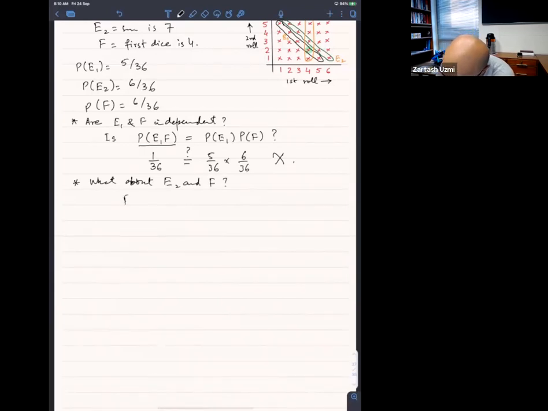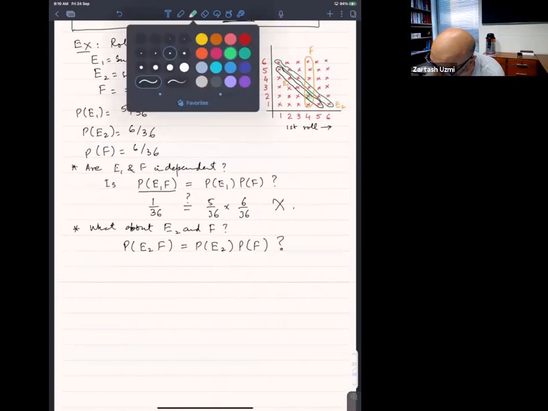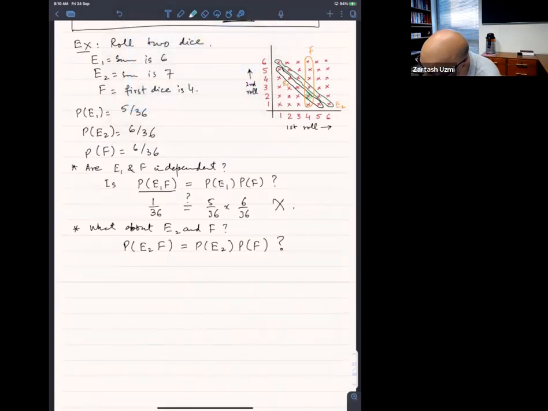So once again, ask the question, probability of E2F is equal to probability of E2 into probability of F. Is this true? So what is the probability of E2 and F? See, the intersection is, again, just one point. ये जो मैंने blue के अंदर इसको shade किया.